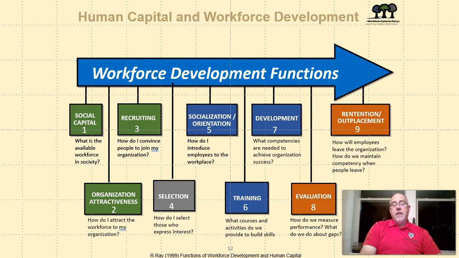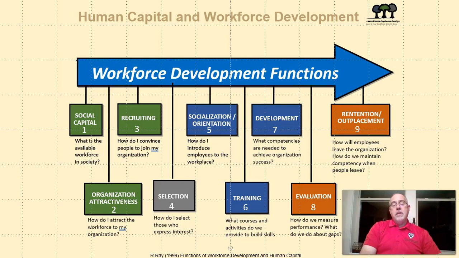So a good workforce development plan or good workforce strategy is not only about bringing people on and aligning those people to the strategy of the organization. It's not just about developing them and training them and giving them feedback. It really is about how do you retain that top talent and how do you manage the outplacement of staff.